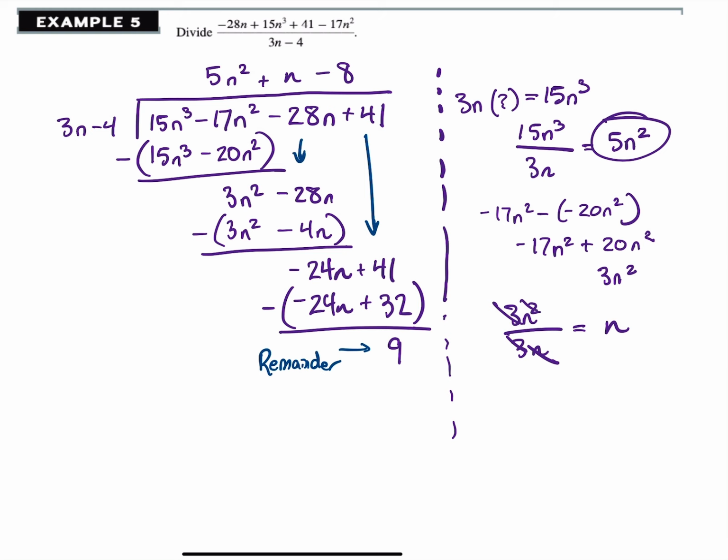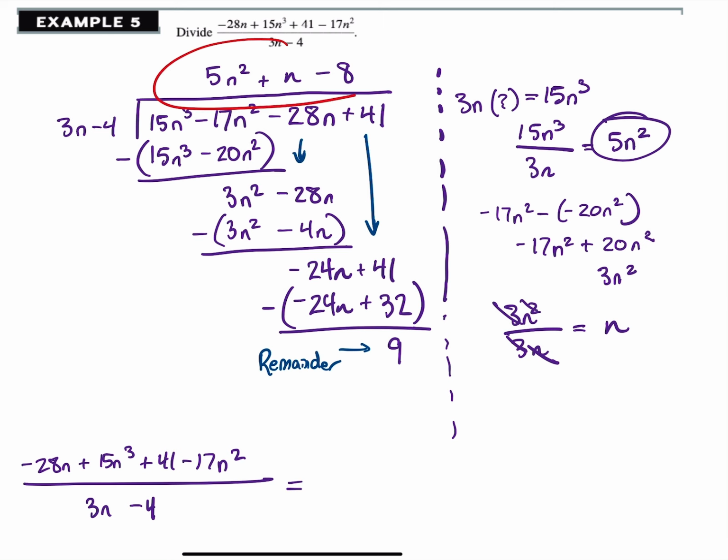So let's see how we can write our result. We're doing this big division. Let me just write out what was given to us. Minus 28n plus 15n cubed plus 41 minus 17n squared. All of this is being divided by 3n minus 4. So this will be equal to our result on top, so the 5n squared plus n minus 8.